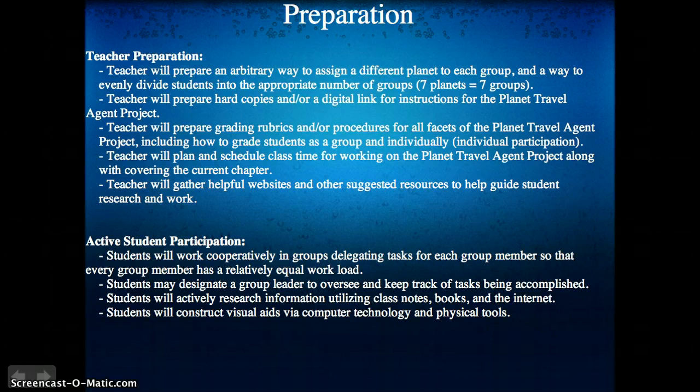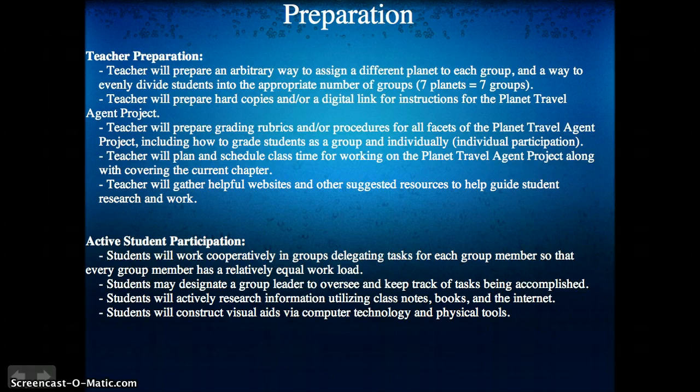Also, grading rubrics and procedures, and a plan for how this is incorporated within the given chapter would be important for a teacher to design prior to this. Also, helpful websites to give students a few examples of where to go to find information.